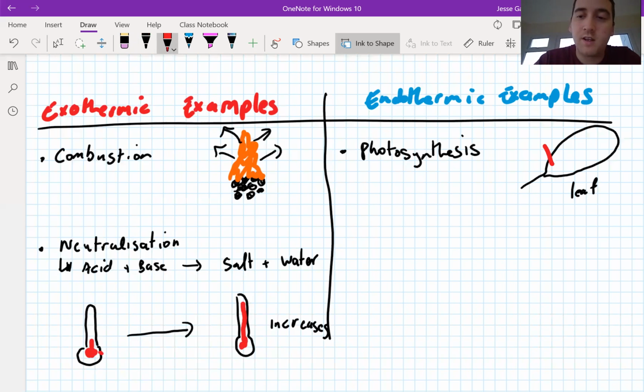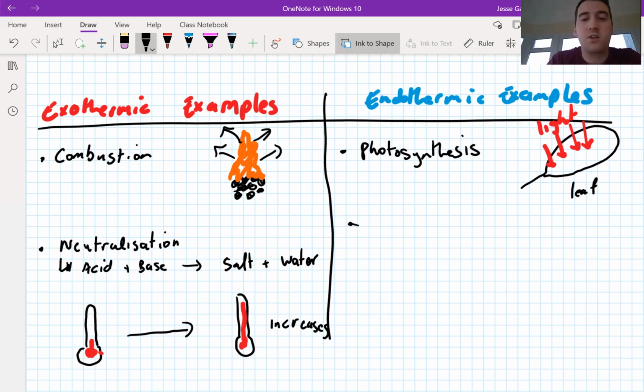So energy travels from the surroundings into the system. So the leaf is the system, and we take in light energy from the sun, which is basically outside of the leaf, the surroundings. So energy travels from the surroundings to the system, and the chemical reaction or process that happens inside the chloroplast is able to use the light's energy to make starch.